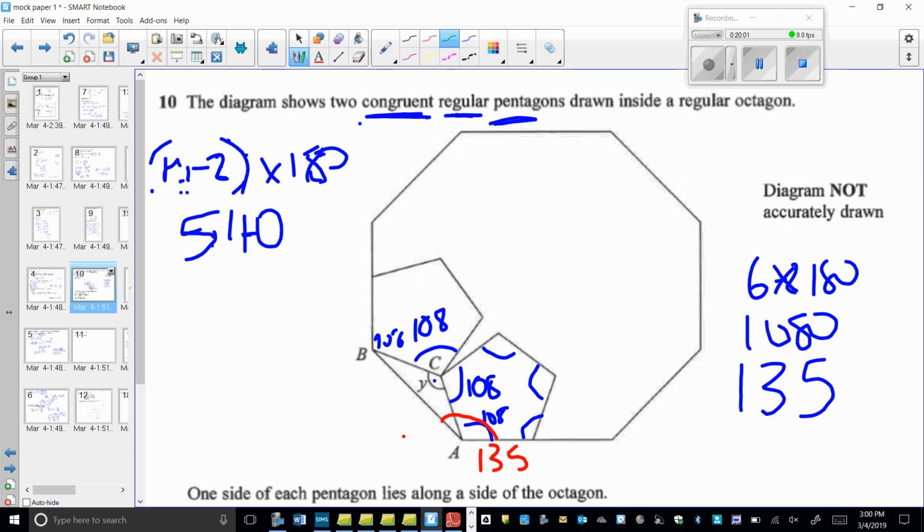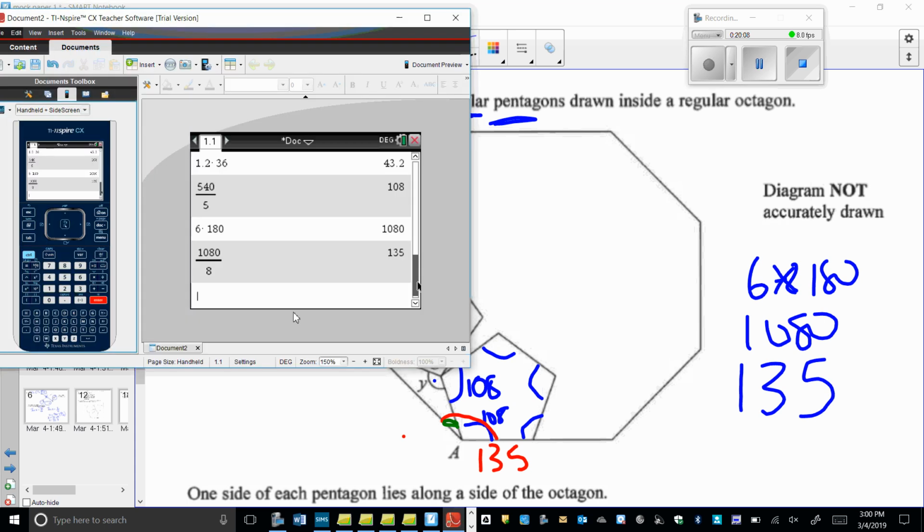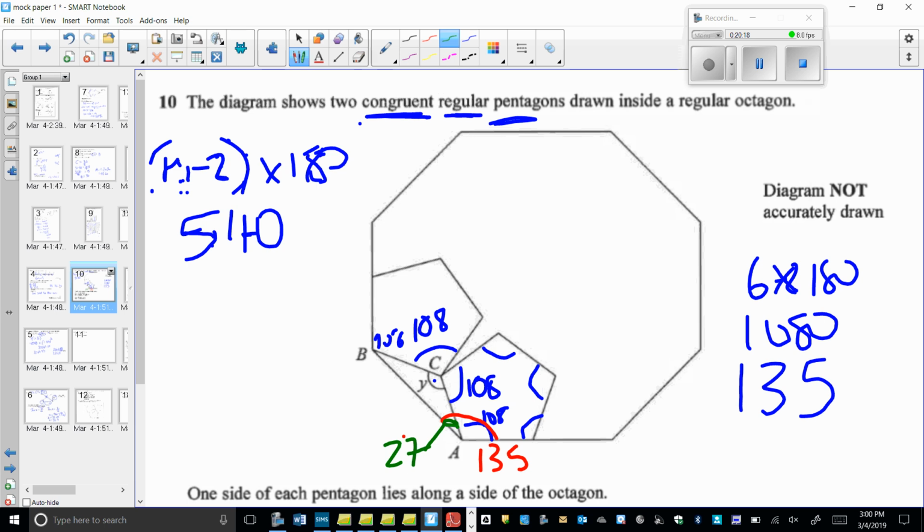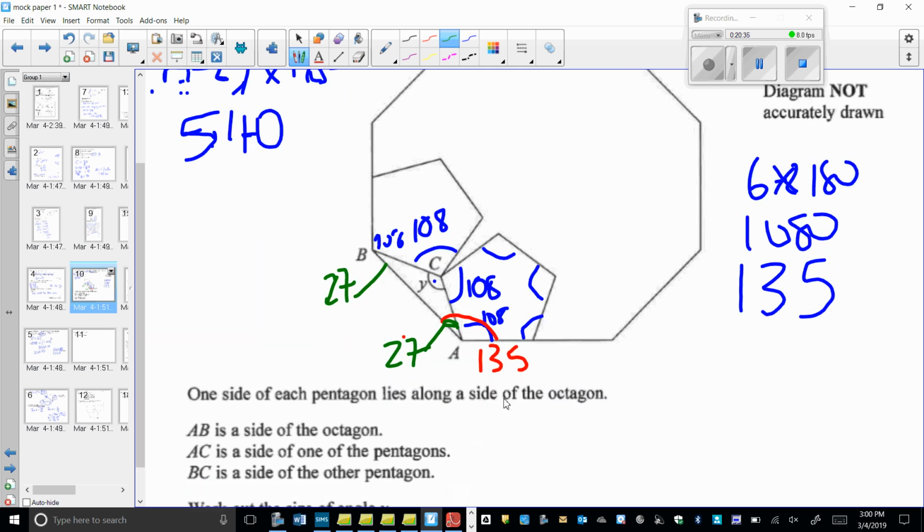So the green bit here is going to be the difference between those two. So 135 subtract 108 is 27. So the green is 27 on both. And this here would be an isosceles triangle. So we're going to do 180 subtract 2 lots of 27.